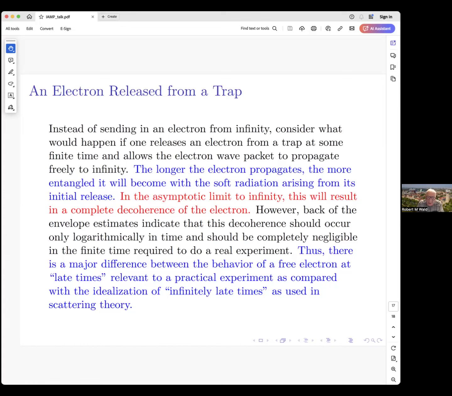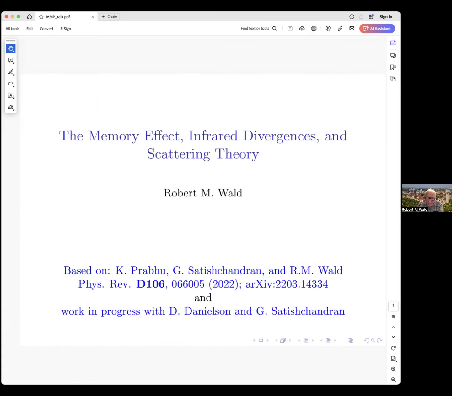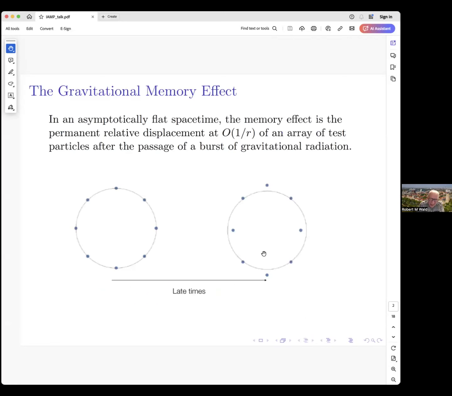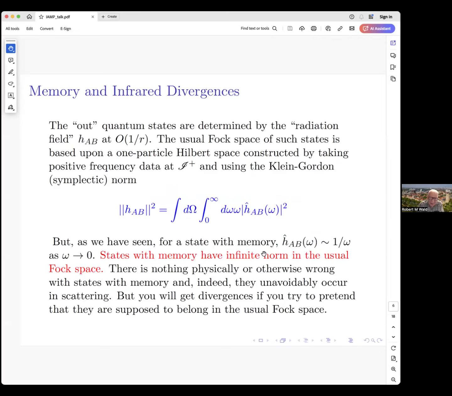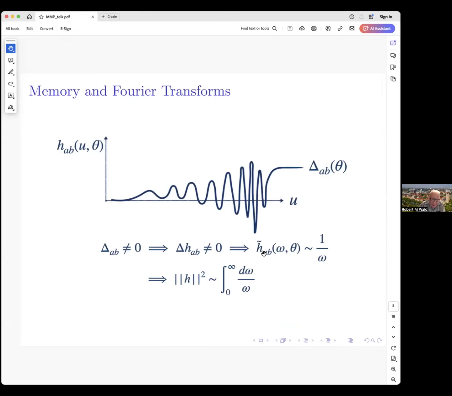Yeah, we did in the paper that I referred to. We looked at Yang-Mills theory, not QCD, imagining that we had asymptotically free states of the Yang-Mills field and could do scattering theory with them.